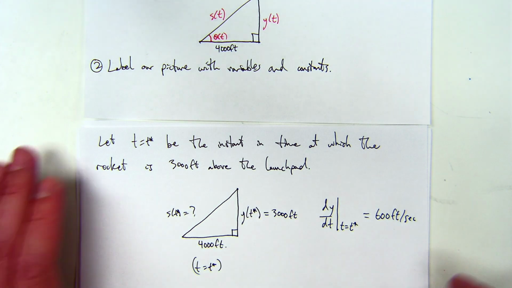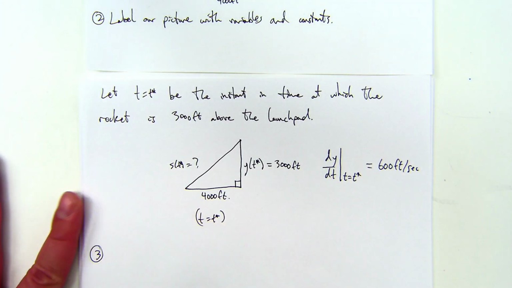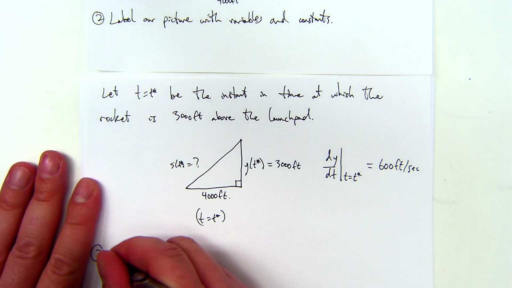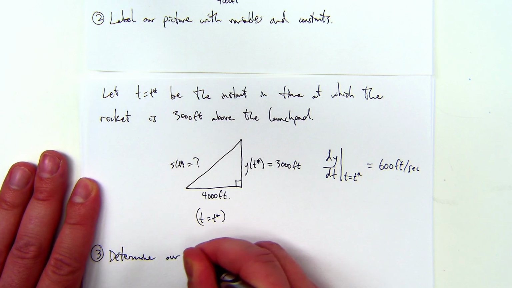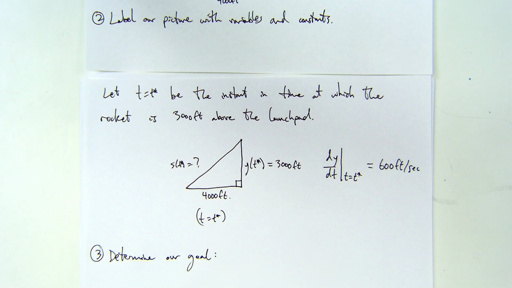Okay? Right. So now we need to determine our goal. To determine our goal, we need to think, okay, the question was, how fast is the camera's angle of elevation changing at this moment in time, this special moment?